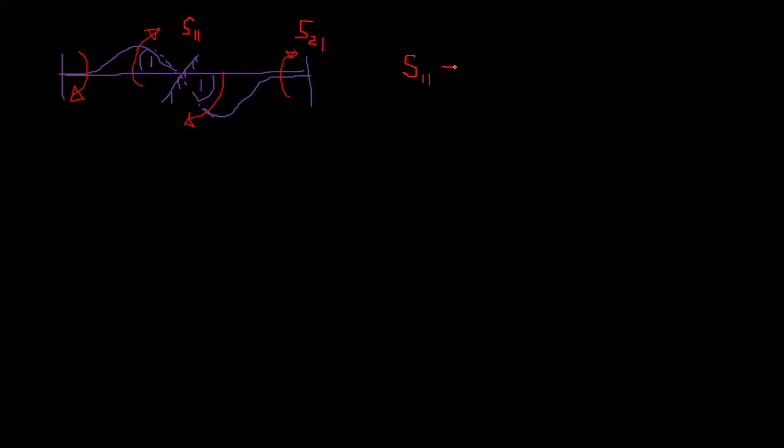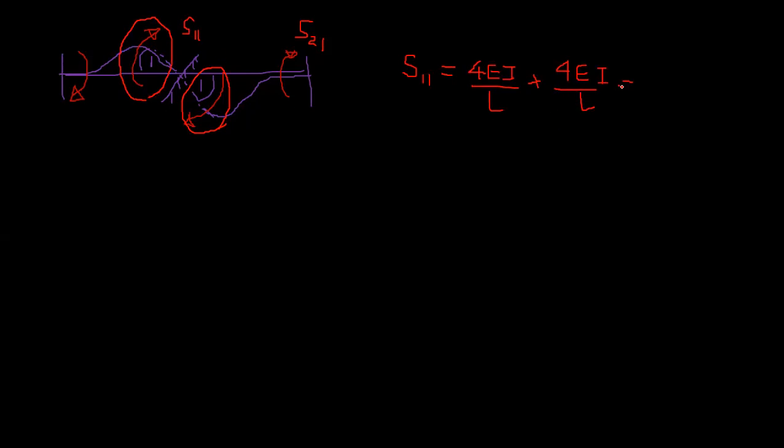So S11 is this. If this is one unit rotation, that means 4EI over L, and it is contributed by this as well, plus 4EI over L. So how? This beam and this beam also rotated. So there will be two bending moments in the clockwise direction.